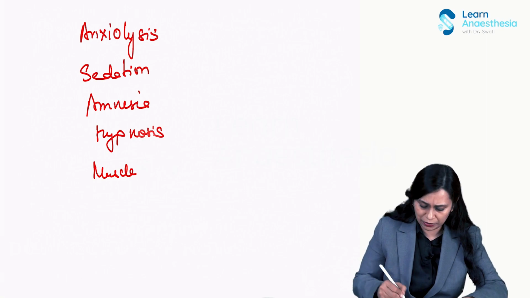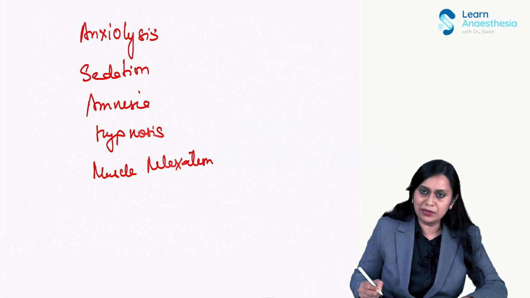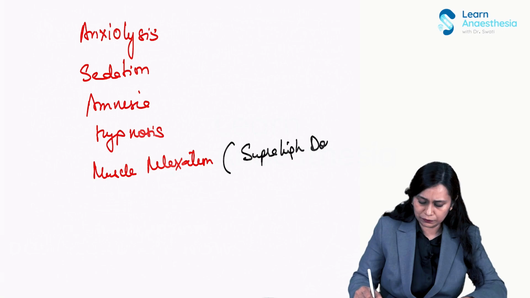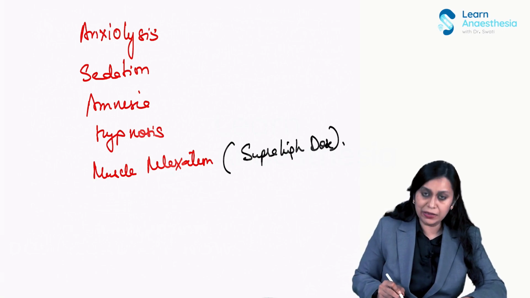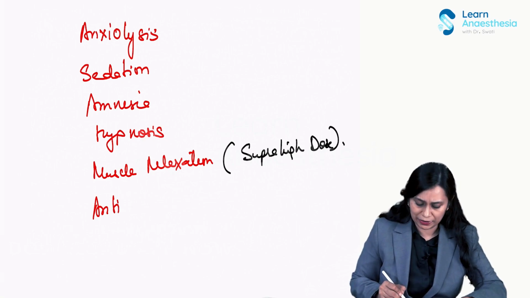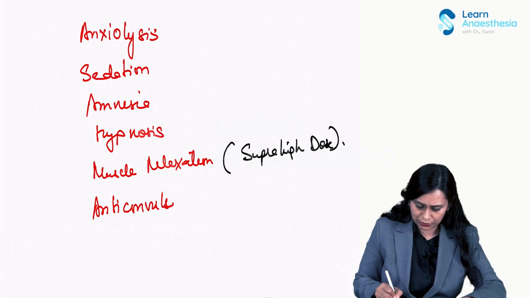Provides a very good muscle relaxation, but this muscle relaxation happens at a very high dose, a supra high dose, right? Then it has an anticonvulsant role. Benzodiazepines are very good anticonvulsants. Okay.